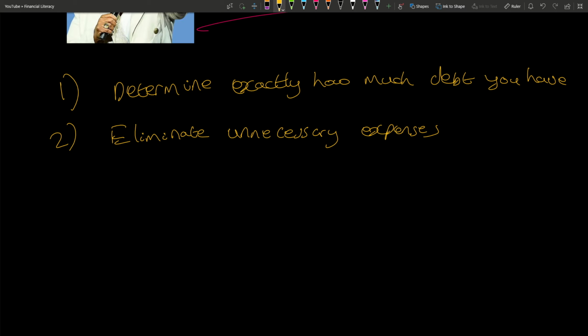If you are going to work in the morning, grabbing a Starbucks coffee, could be any coffee, and let's say that's costing you £3, and you can make it at home for 20p and take it in your own flask, then that's an unnecessary expense. Another unnecessary expense might be Netflix. These are all luxuries that you would like to have, but they're not necessary. So you figure them out and then you eliminate the unnecessary expenses.